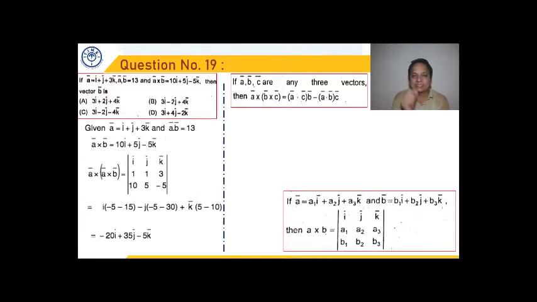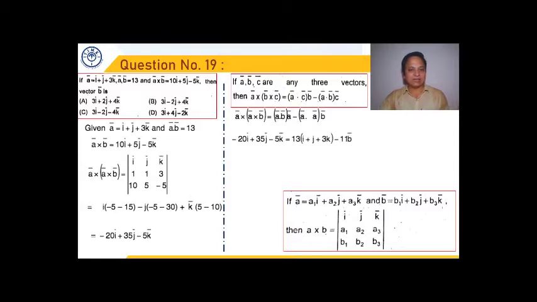So we apply A cross (A cross B) as (A dot B) into A vector minus (A dot A) into B vector. Now we had calculated A cross (A cross B) as minus 20i plus 35j minus 5k.